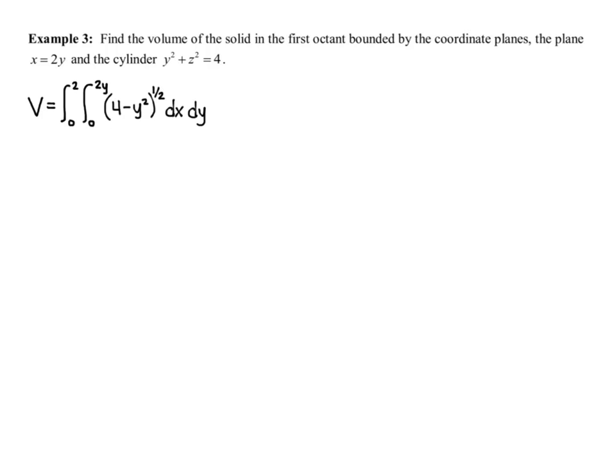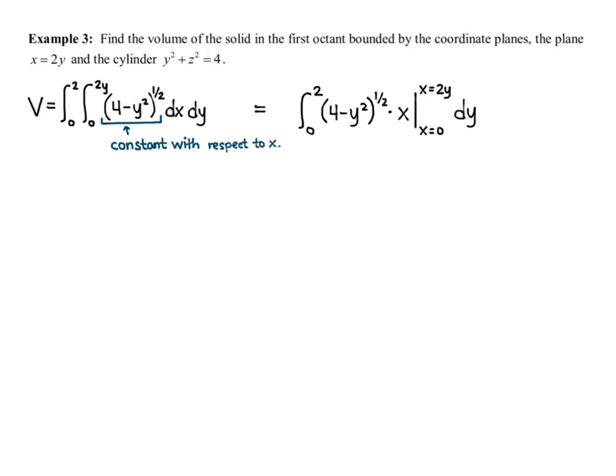To evaluate the inner integral with respect to x, the entire integrand (4 minus y squared) to the 1/2 is considered a constant, since there is no x involved. We get the integral from 0 to 2 of (4 minus y squared) to the 1/2 times x evaluated from 0 to 2y dy.